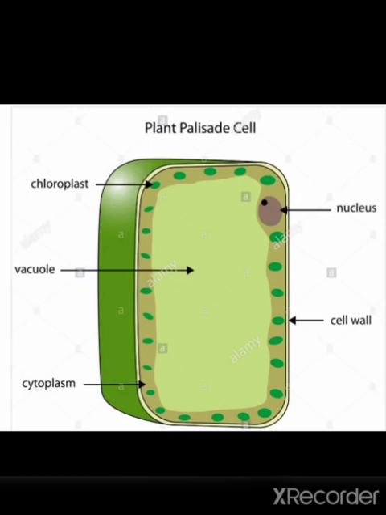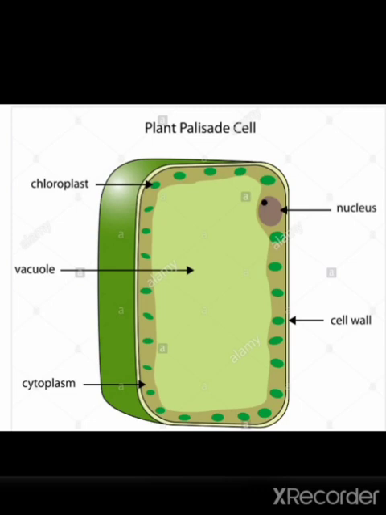Now let us discuss the specialist plant cells. Although all plant cells have the same basic structure, many of them are adapted to carry out special jobs within the plant. Here are two examples. The first one is a palisade cell. Now look at this diagram. This is a palisade cell. These cells are mostly found in the top surfaces of leaves.